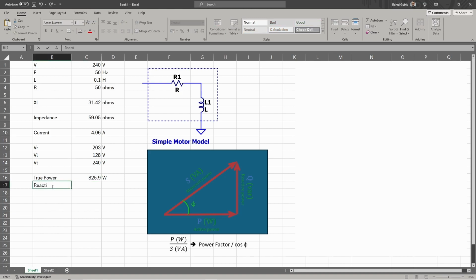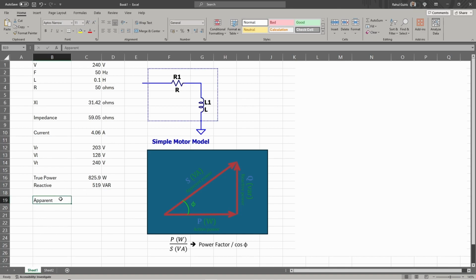Now we then can calculate the reactive power in this circuit, which is going to be equal to the current times the voltage across the inductor. So that gives us a VAR, so voltage ampere reactive, of 519.